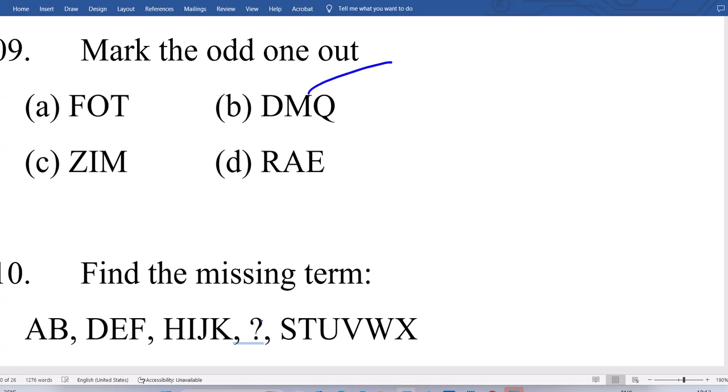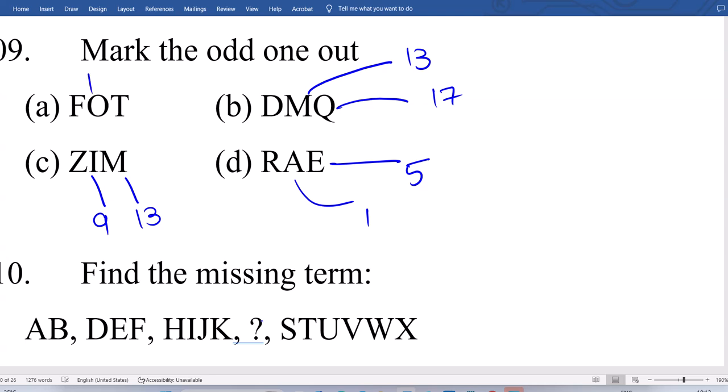What is M value? That is Q. What is the difference? A value, E value, difference, I value, Z value, difference, O, T, difference. Which is different among all? A. A is different.